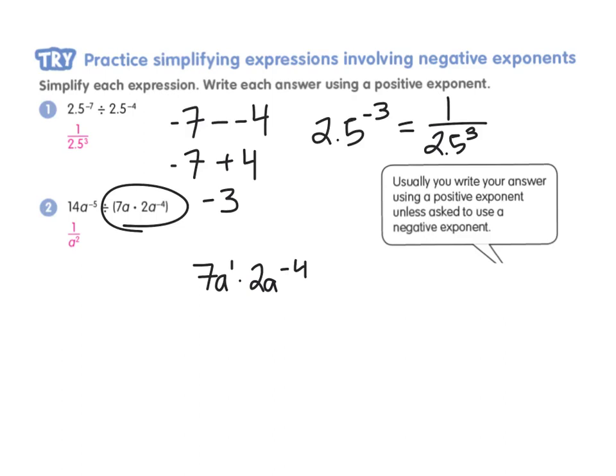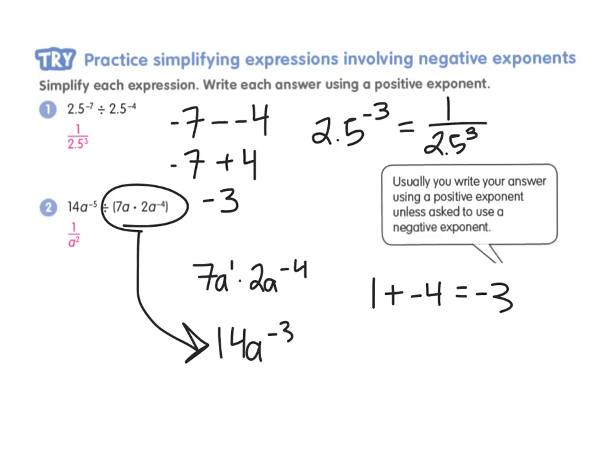When I'm multiplying those, I'm going to add the exponents. 1 plus negative 4 is going to equal negative 3. And so that's going to be a to the power of negative 3. And then when I'm looking at the numbers, the 7 and the 2, I'm going to multiply those together. 7 times 2 gives me 14. So this is going to be 14 times a to the power of negative 3.